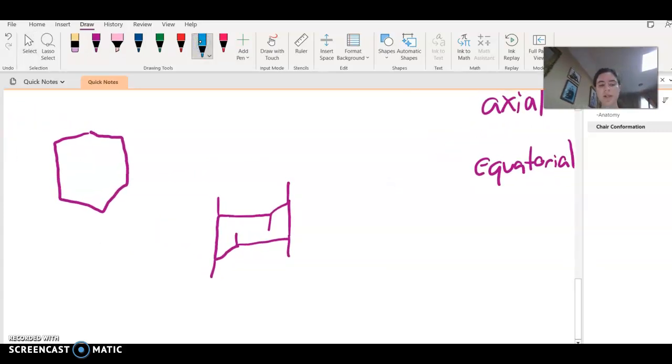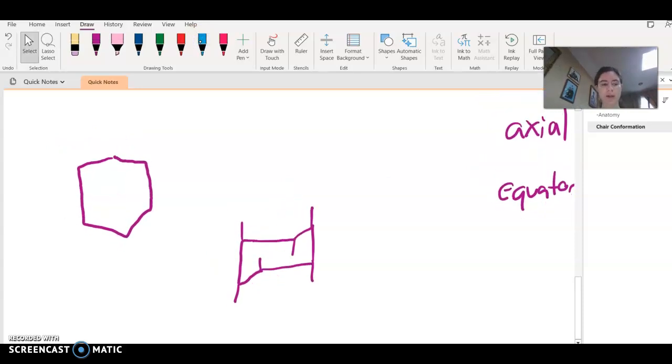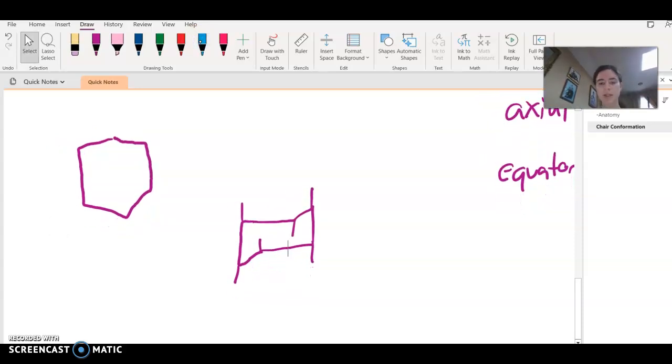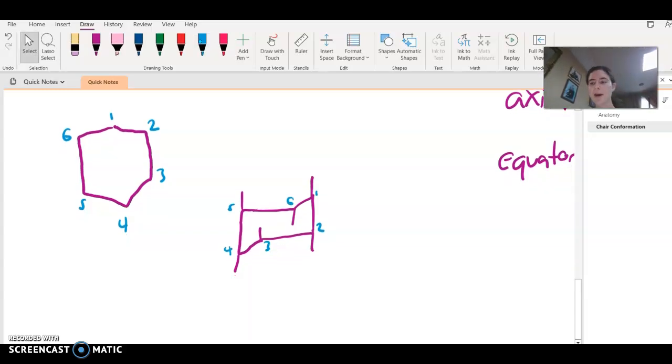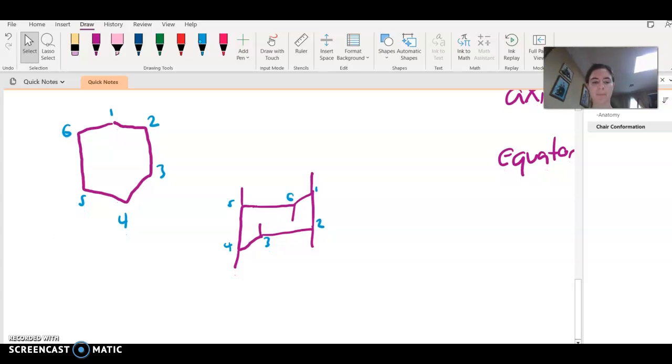Now, if you notice, this cyclohexane and this chair cyclohexane both have 6 carbons, because they're the same thing. So we're going to circle them, and I'm going to label them for clarity. So let's go 1, 2, 3, 4, 5, 6. Okay, 1, 2, 3, 4, 5, 6. I hope that helps you visualize how they are being moved.